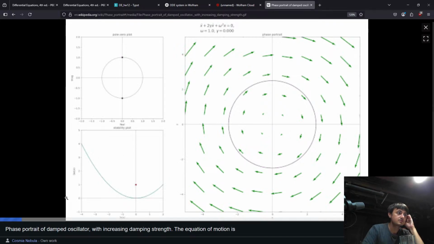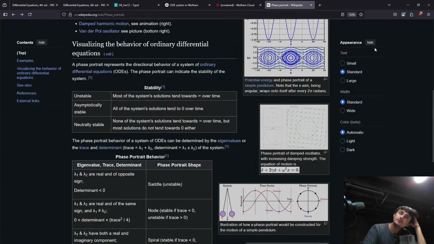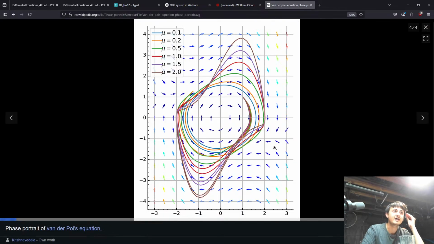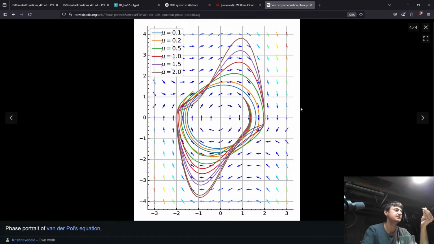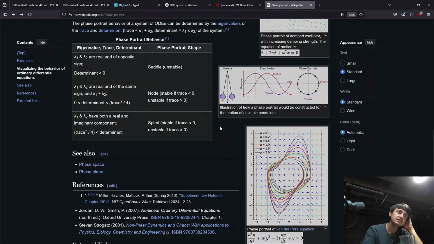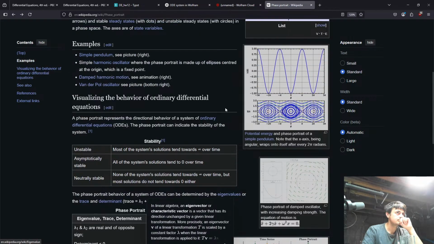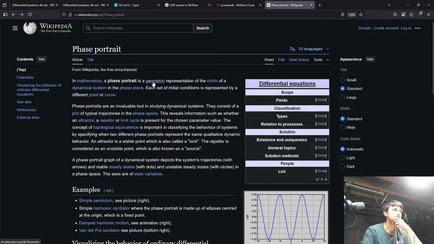Why is this the lowest res picture ever? Why did none of these plots have axes? Don't they know that you need axes for axis labels? Okay.